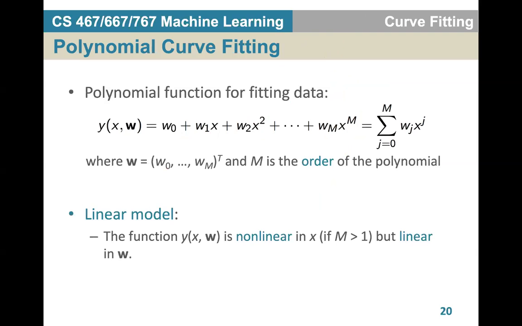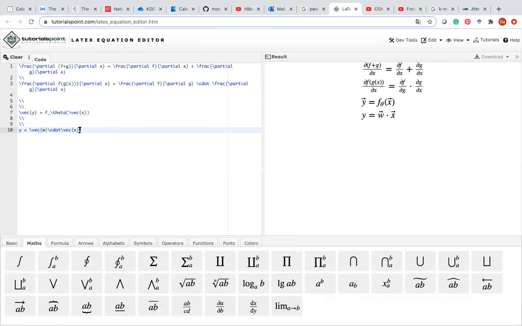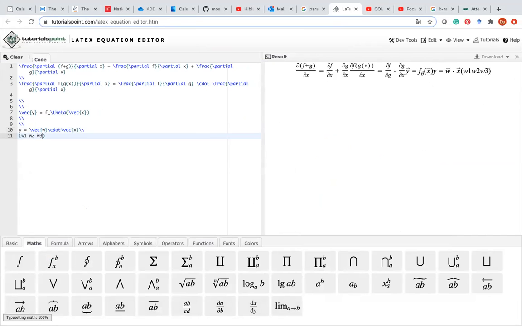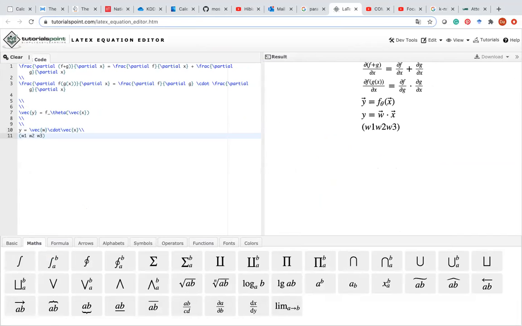So basically, here's what I mean. If you have Wx, we can say something like this. If you have a vector W1, W2, W3, you have a dot product in this way.